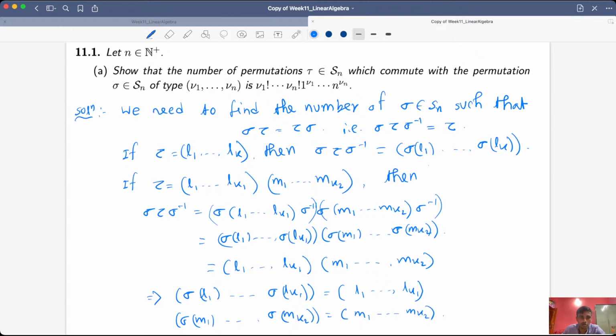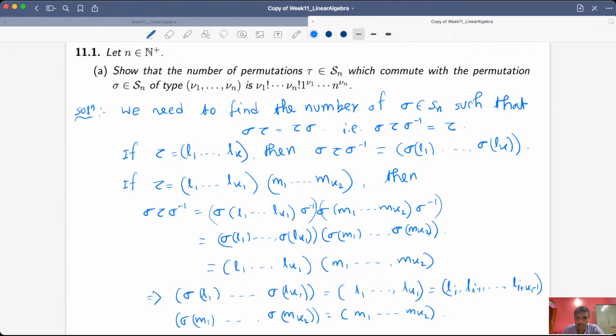Now when I say this cycle equal to this cycle, that means I can have this, and also this, I can write as L_i plus 1 and so on up to L_{i+K1-1}, for any i between 1 to K1.